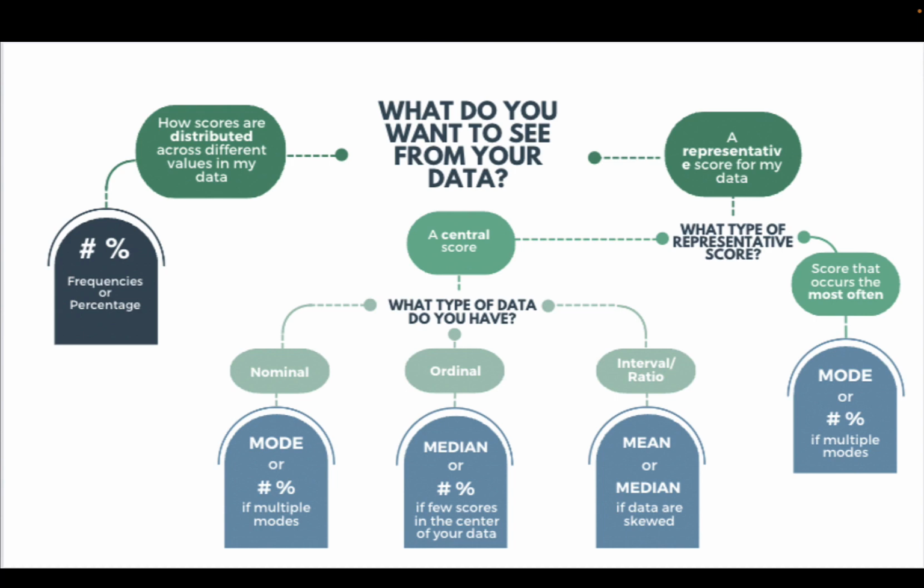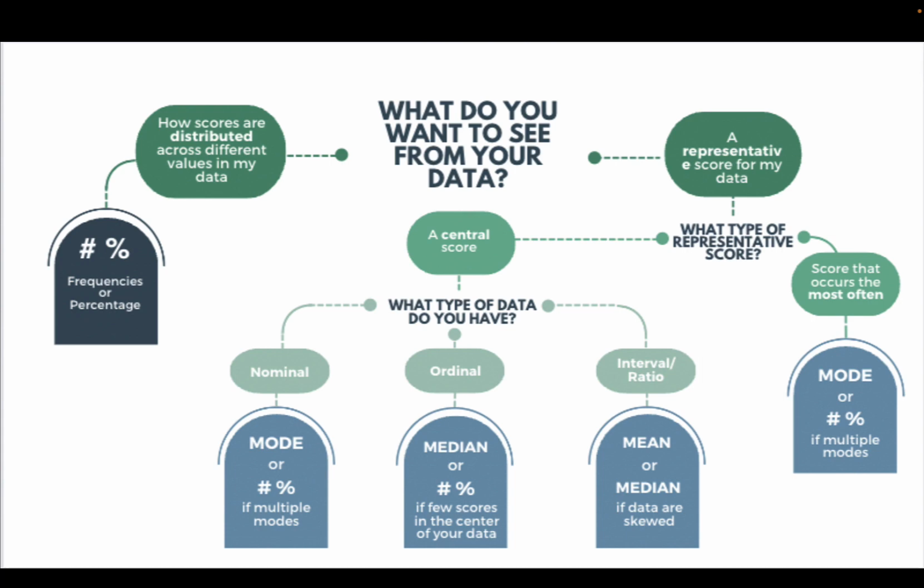Therefore, you will either present a mode, or again, if there are multiple modes, present the percent or frequency. If you have an ordinal variable, you can present this using the median. However, if there are few data points that fall in the center of your data, you should consider using the percent or frequency, as it will provide more substantive information.